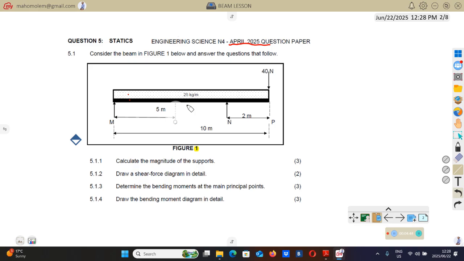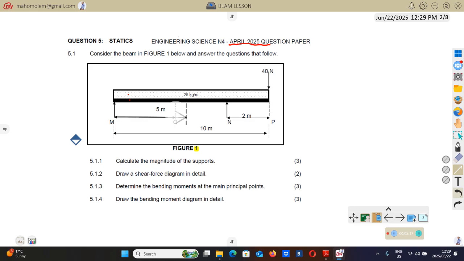I think the middle will be somewhere here, and 5 meters will be from here to there. Yeah, let's stick to that.